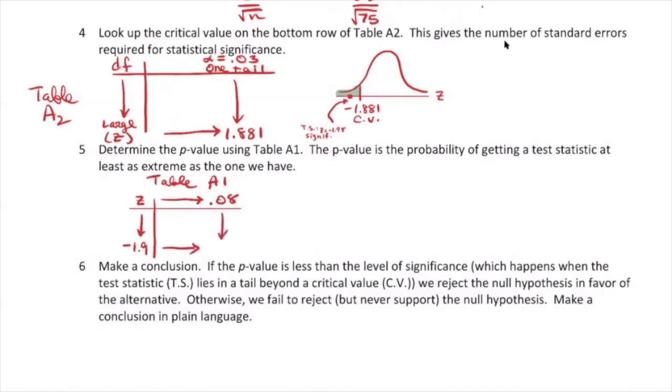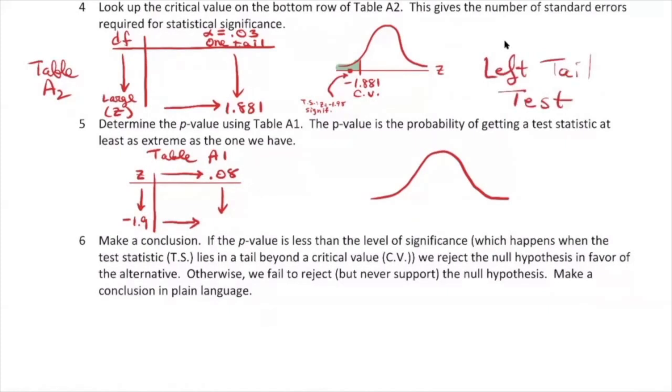Remember, this table gives areas to the left of your z-score. That's what we want, actually, because this is a left tail test. The area in the tail to the left is what gives the p-value.